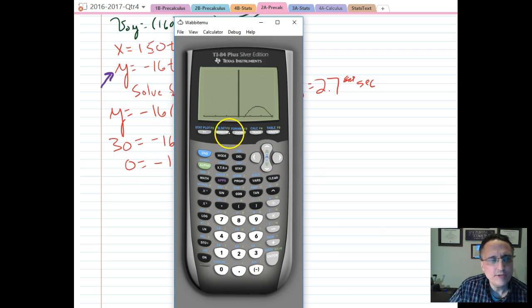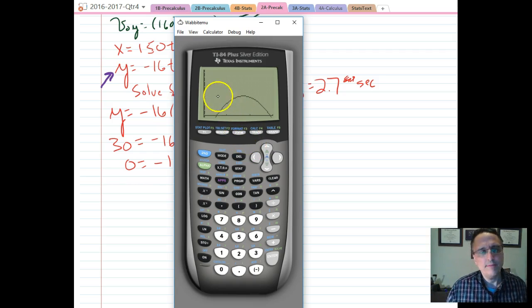I'm going to change my scale again. I want to get this so I can see it more clearly. So I'm going to start at 0. And I don't need to go to 100, obviously. Let's go to 50. And then graph. Now, this is not the path of the ball. This is just the time traveled.